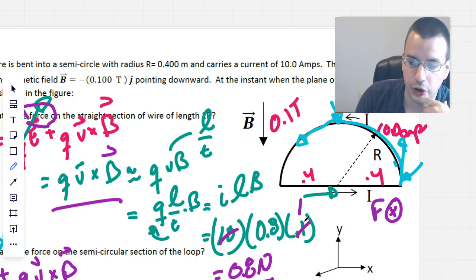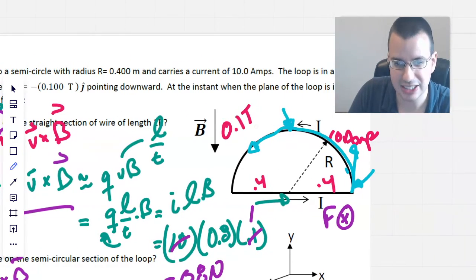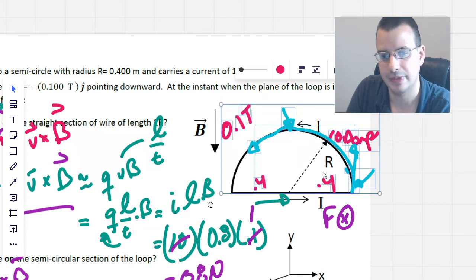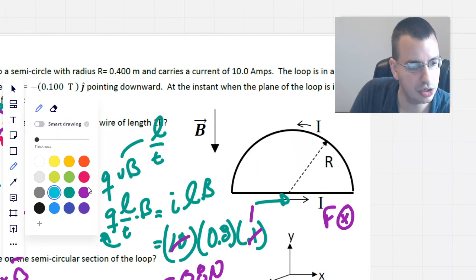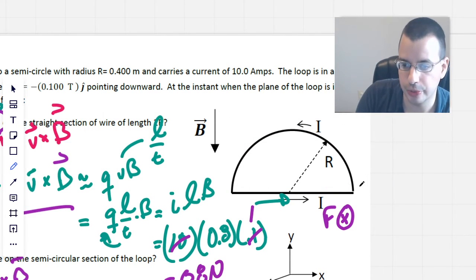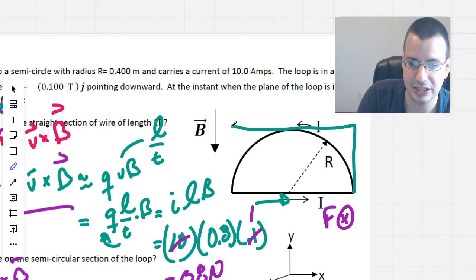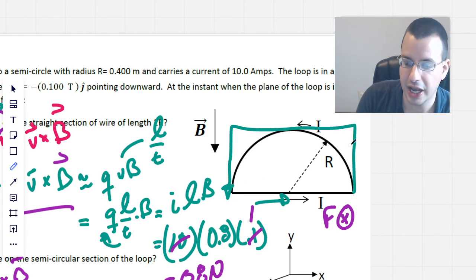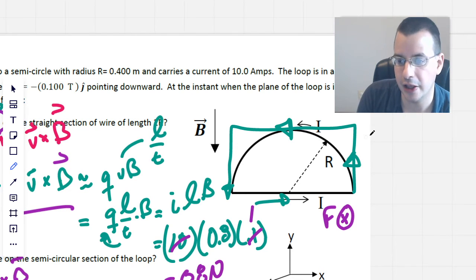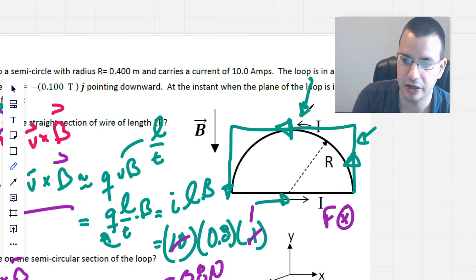Long story short, though, you can look at this instead like this. If you take this circular loop and draw it like this, then it will make sense for the total force. It's like, okay, this portion will provide 0, but this portion will provide 100%. This portion will provide 0 again.